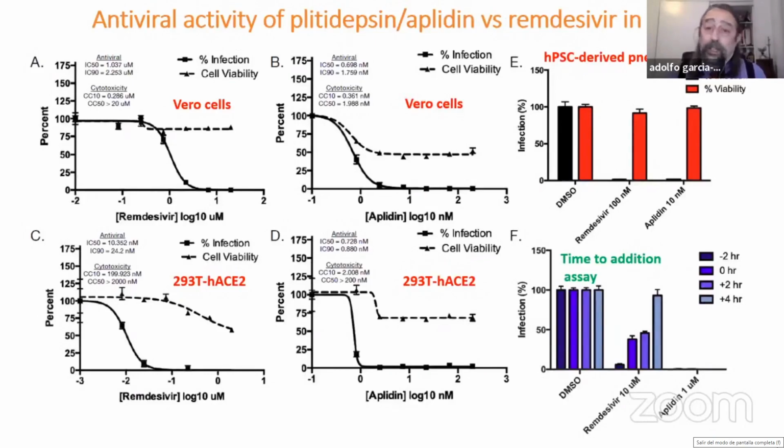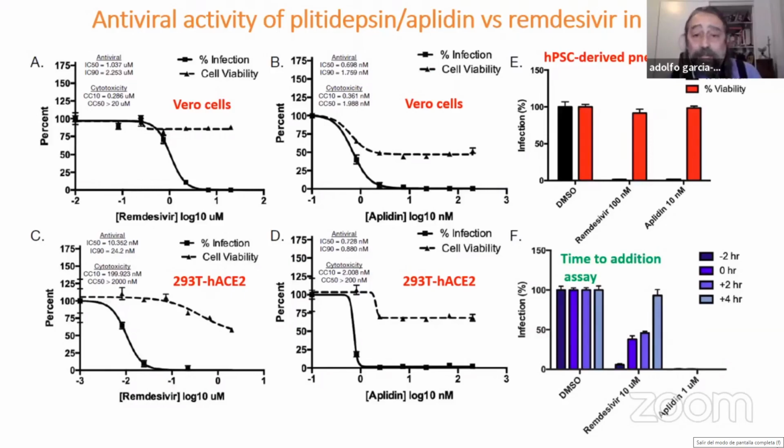Well, once we found that it has activity in Vero cells, we tried multiple other cell lines, not only these African green monkey cells, but also human cells, human respiratory epithelial cells like pneumocytes, and some cells like 293s. Basically, a bunch of different human cells.